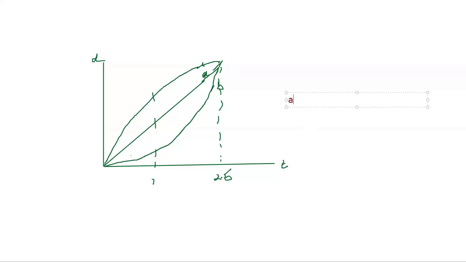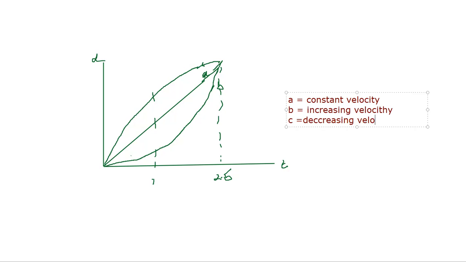So trend A is constant velocity, trend B is increasing velocity, and trend C is decreasing velocity. What does that mean?